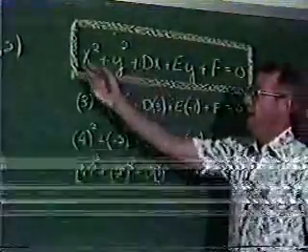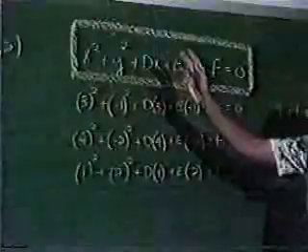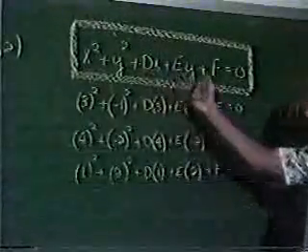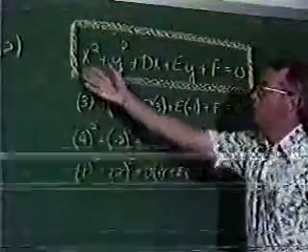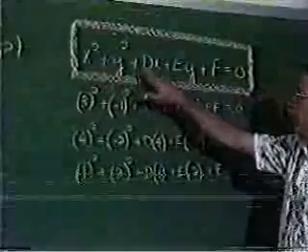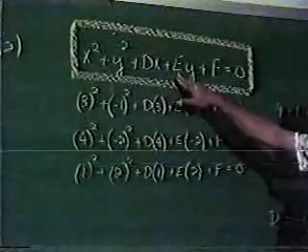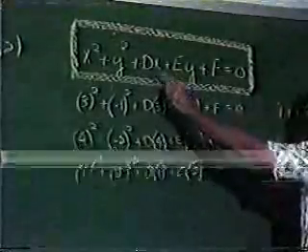You have x squared plus y squared minus 6x plus 4y minus 12 is equal to 0. That's what example 4 was. On example 5, you got 3x squared, but you could divide everything by 3, and then you'd have x squared plus y squared plus 2x minus 5/3 y equals 0.